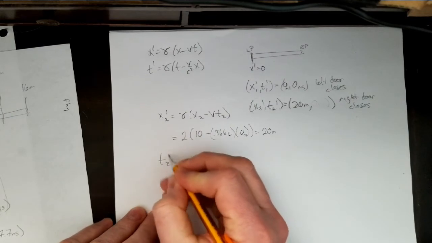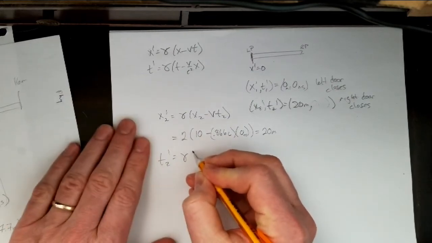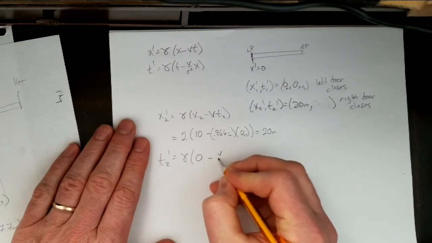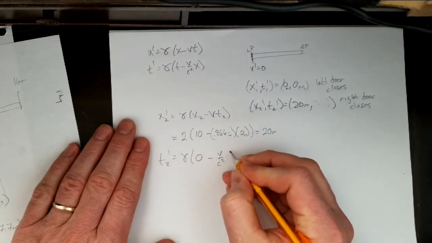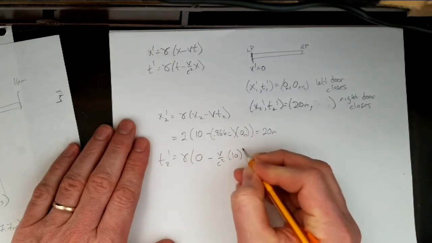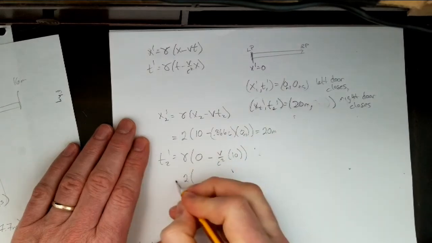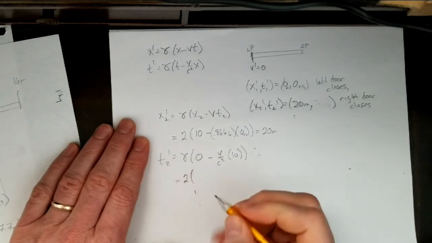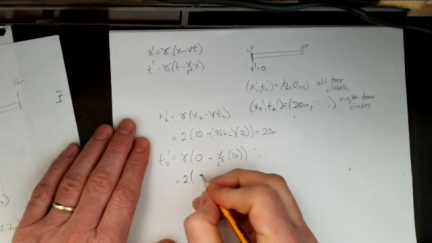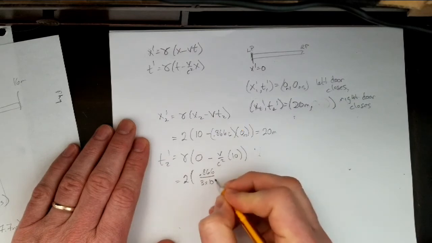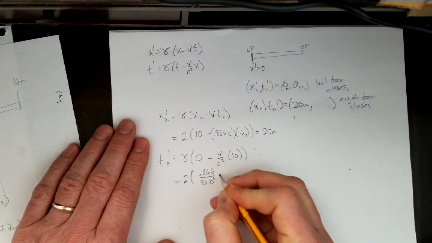So t2 prime is equal to gamma times (t, which was 0, minus v over c squared times x, which was 10). I know v over c is 0.866. That equals 2 times 0.866 over the speed of light, 3 times 10 to the 8th, times 10.